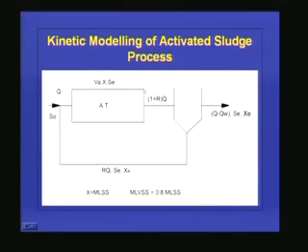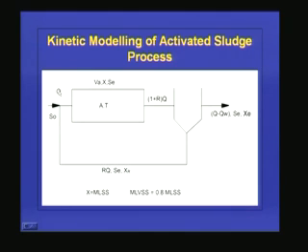So we will discuss the design of the activated sludge process based upon kinetic principles. We have seen the biokinetic parameters of microorganisms, and based upon that we can design the activated sludge process. If you want to make a mass balance of liquid, solids and biomass, we can write something like this.